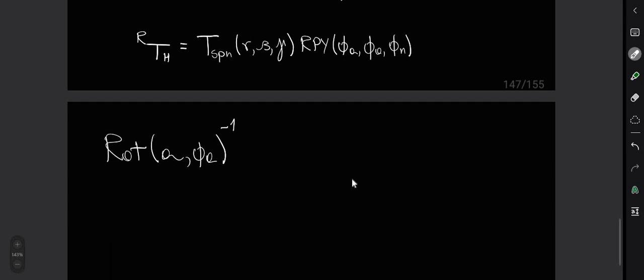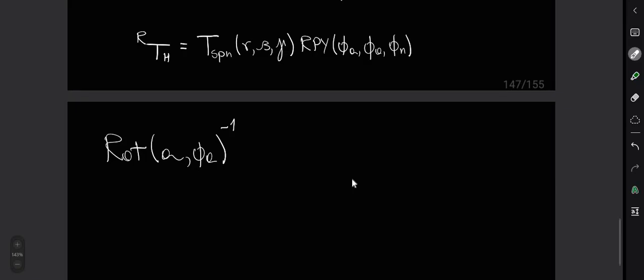And again, inverse transformations are used to solve a transformation equation because we want to know not just where the end effector is going to be, but also where we want to put each link and joint, the whole system of the robot. So it's telling us to multiply by this rotation, but it's not a coincidence.